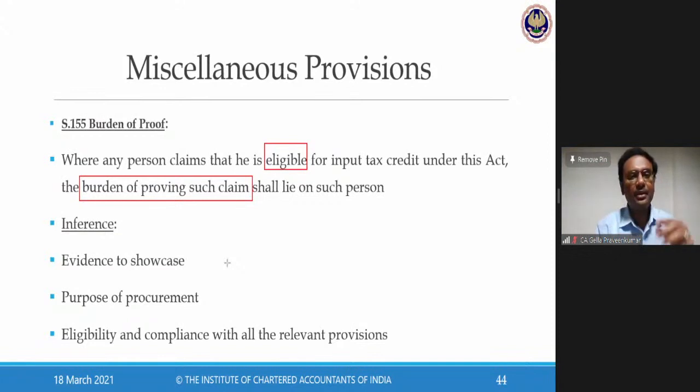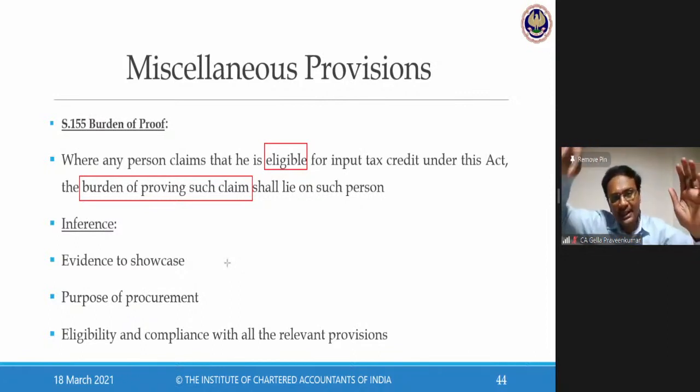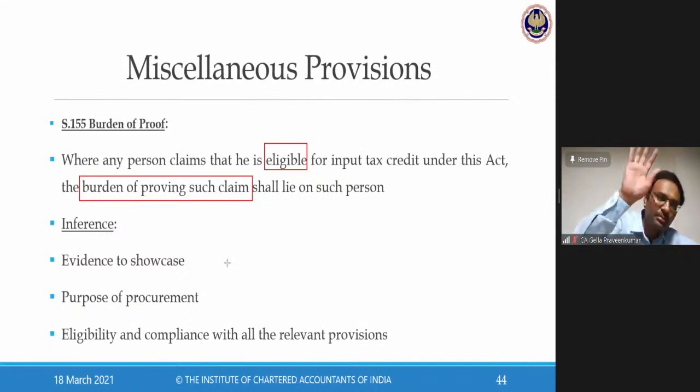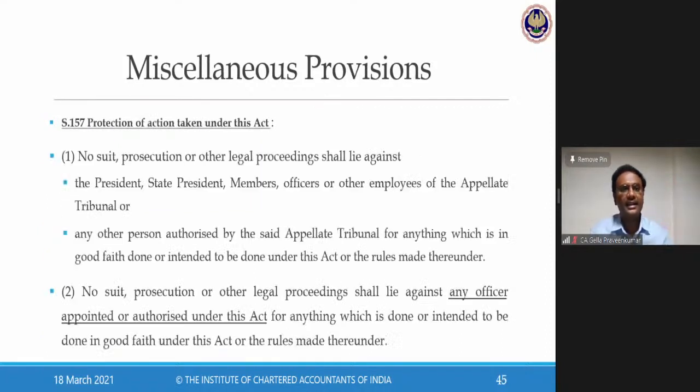I gave an example of Maharashtra, Bihar, Haryana. When the goods are sent from Maharashtra to Bihar, you have to have evidence to say that you have received the goods, or that person C has received them on behalf of A. This is called burden of proof. So always ensure there is sufficient evidence to show this ITC entitlement is proper under the law.